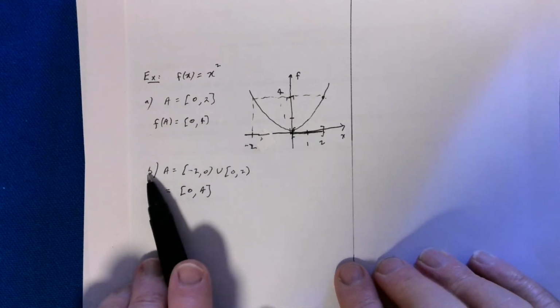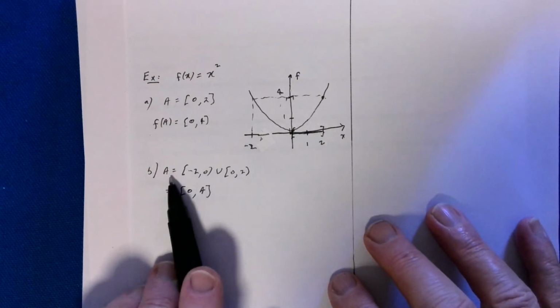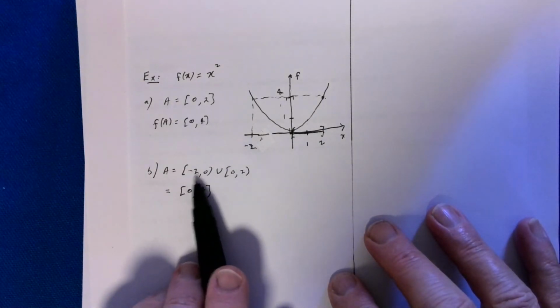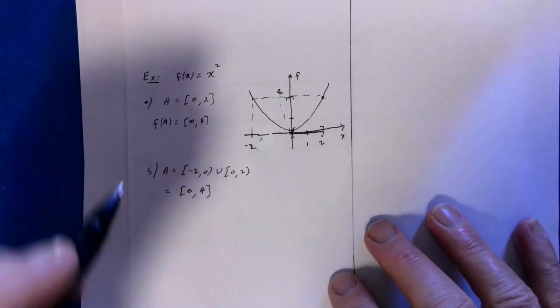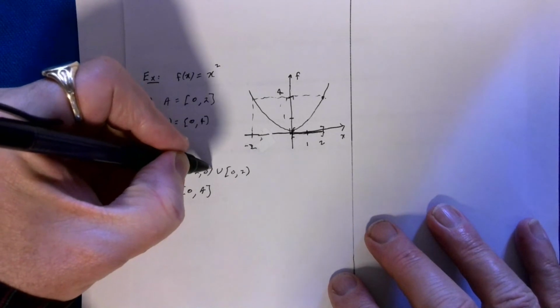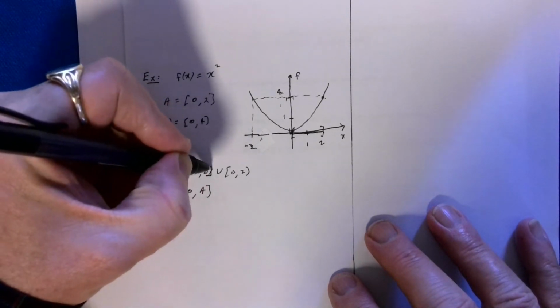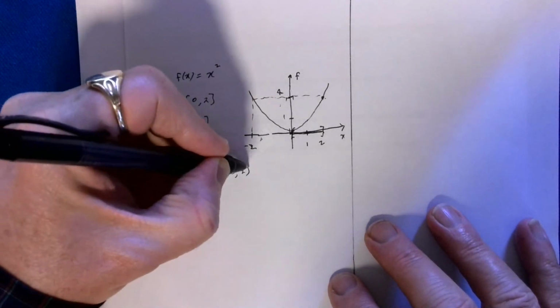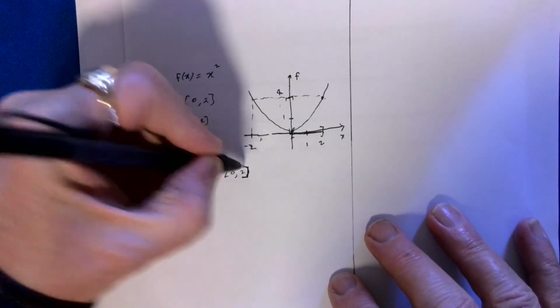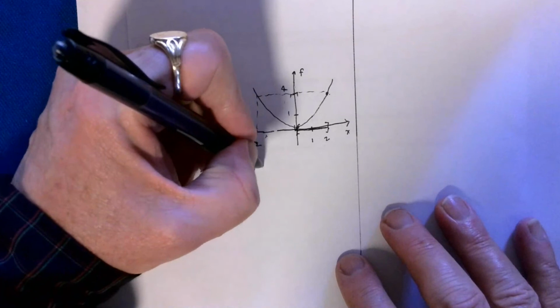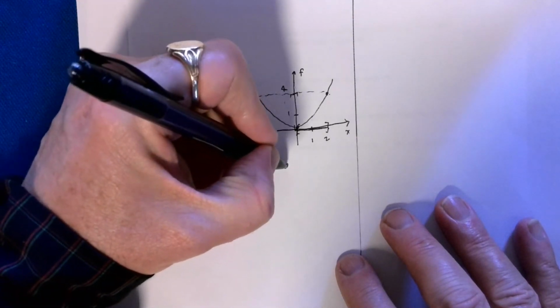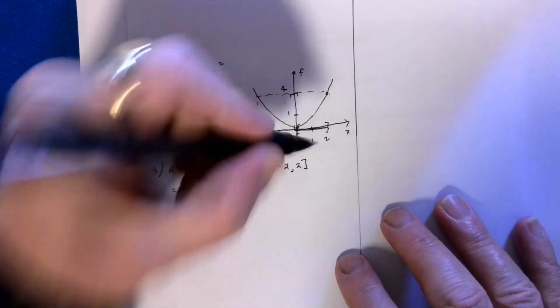For part B, A is now going to be the union of [-2, 0] union [0, 2]. Could combine these, by the way. I think I had square brackets there. I better be careful with my brackets. So we've got square brackets both sides. By the way, this thing here, of course, is just the set [-2, 2].